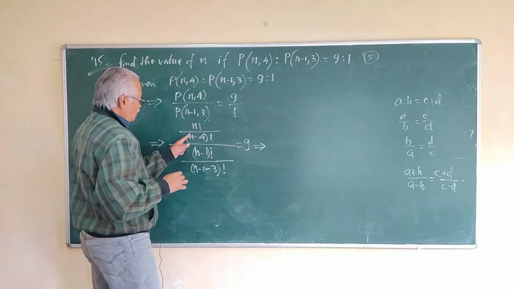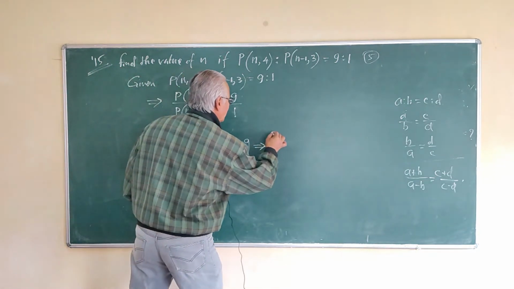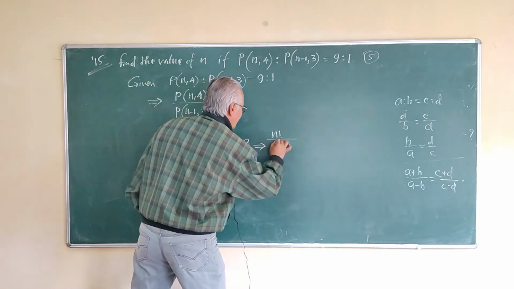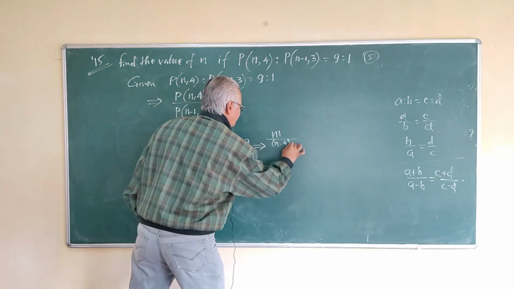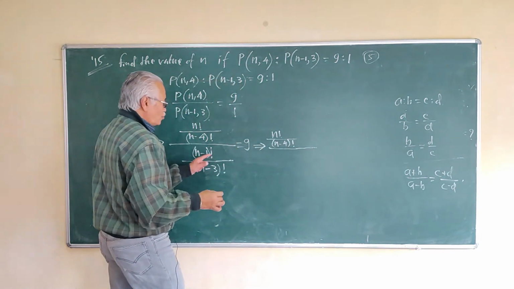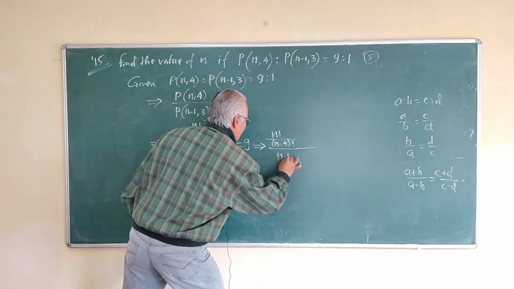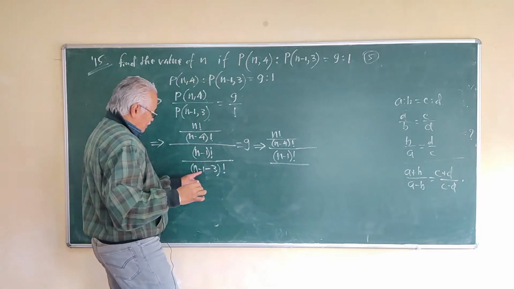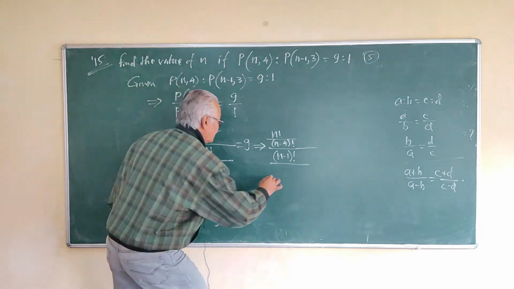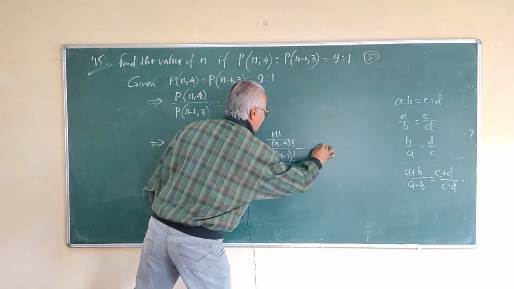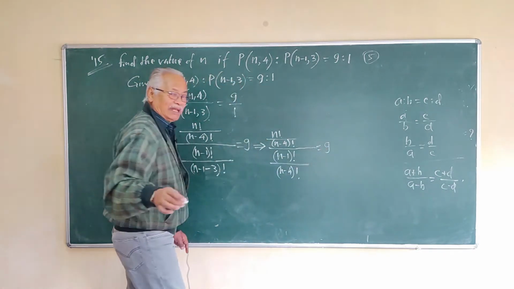N factorial upon n minus 4 factorial, upon n minus 1 factorial over n minus 1 minus 3 factorial, is equal to 9 only.